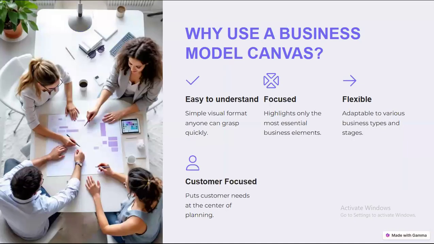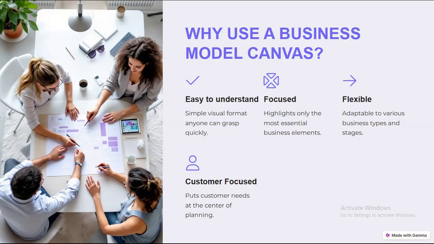So why do we use the business model canvas? The first is that it is easy to understand. It has a simple visual format that anyone can grasp quickly. It's focused, meaning that it highlights only the most essential business elements.